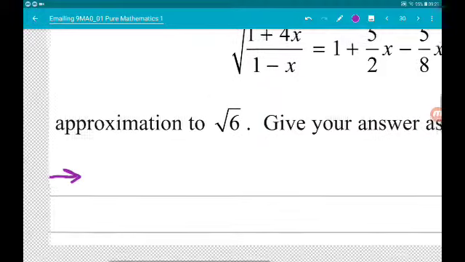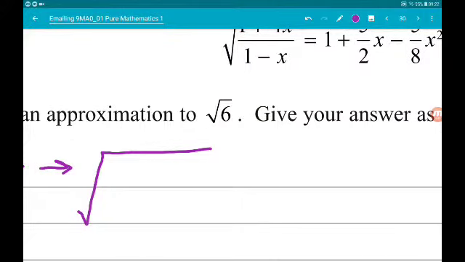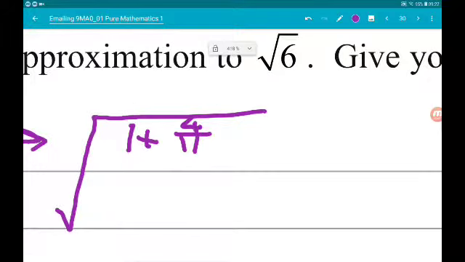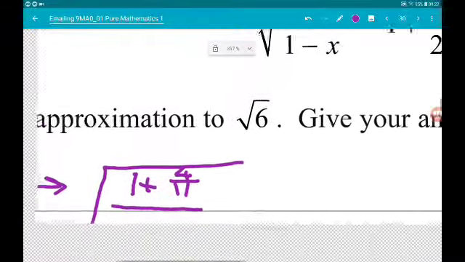It's going to give us the square root of 1 add 4/11 over 1 minus 1/11.